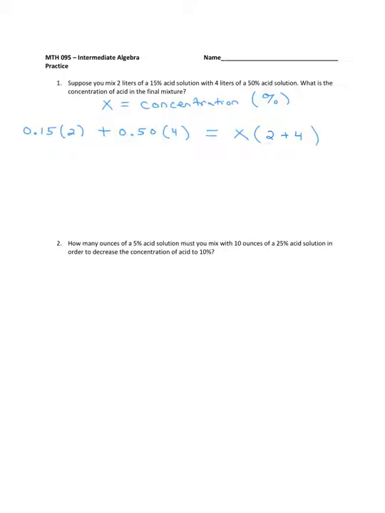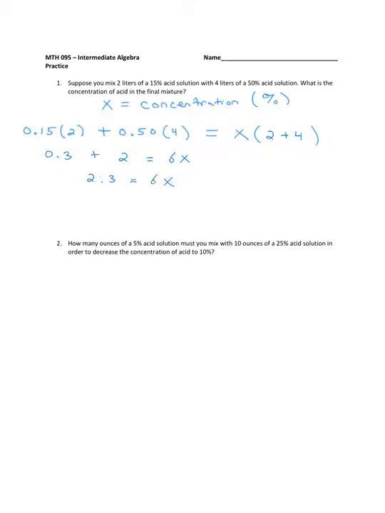All right, let's see. 0.15 times 2 is 0.3, plus 0.5 times 4 is 2. And I'm going to set that equal to, well, I already said that 2 and 4 is 6, and 6 times x is 6x. So to combine this, on the left, 2 and 0.3 is 2.3.